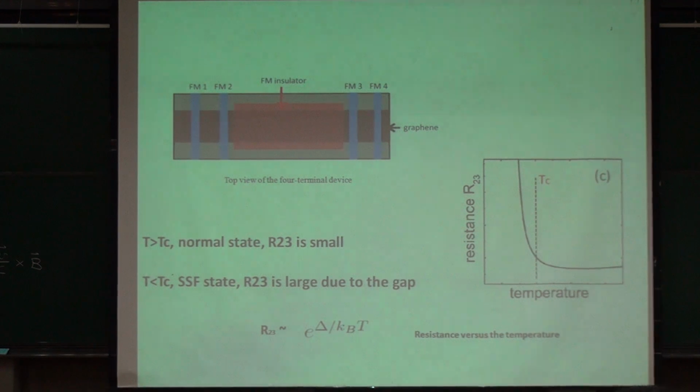But your question is about whether you have vortex structures. Then you have to go to type 2 superconductors. Here it turns out we believe you probably cannot define this concept of type 2 in this system. That's the understanding at the moment.